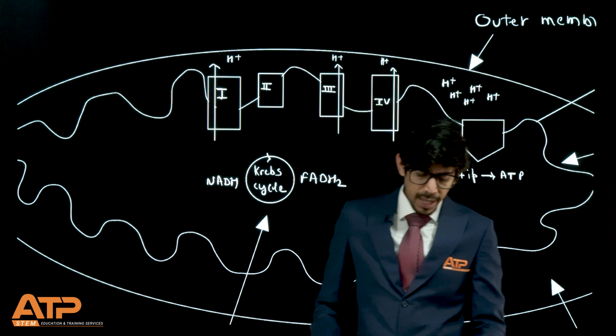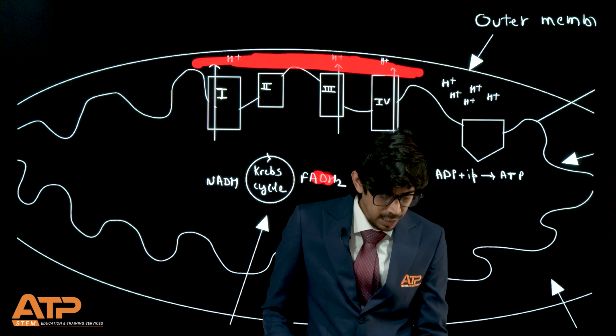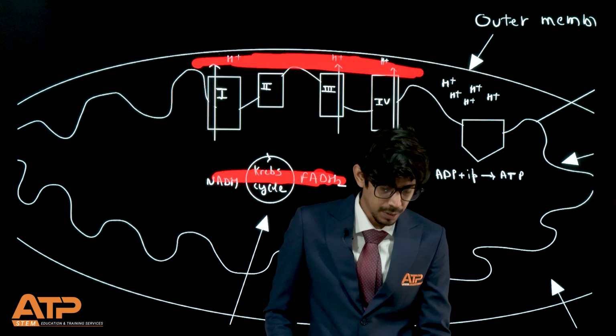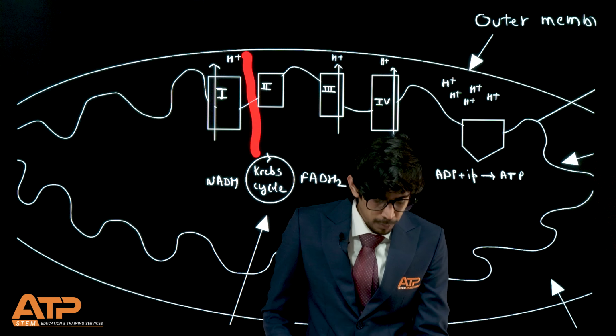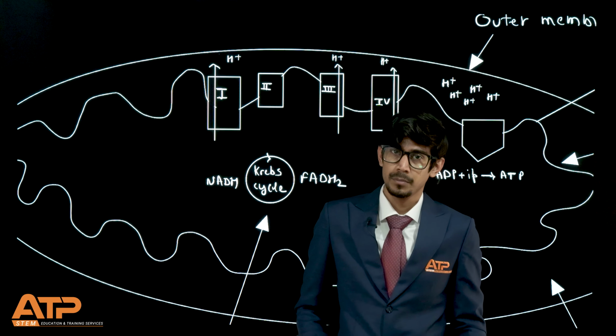And as we know, if hydrogen ions are here in higher concentration and in the matrix they are in lower concentration, they would want to go from the region of higher concentration to the region of lower concentration, right?